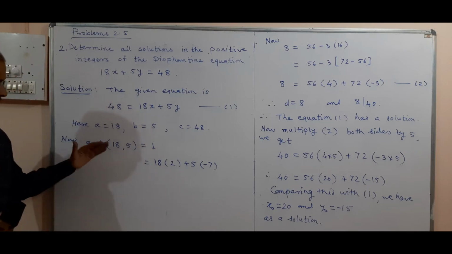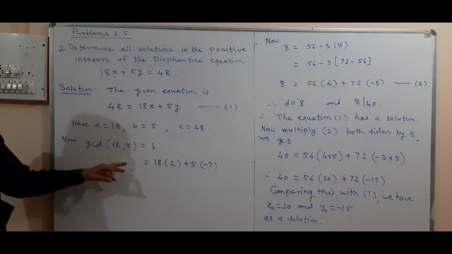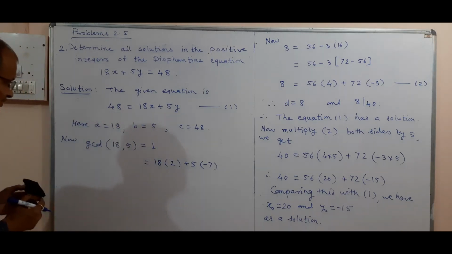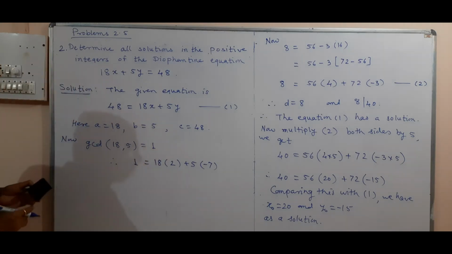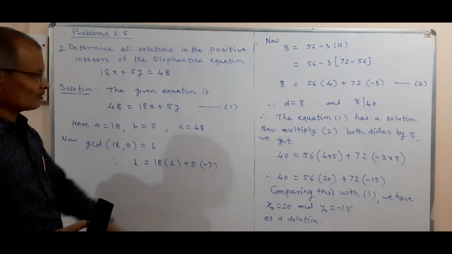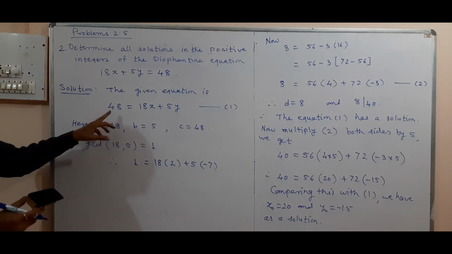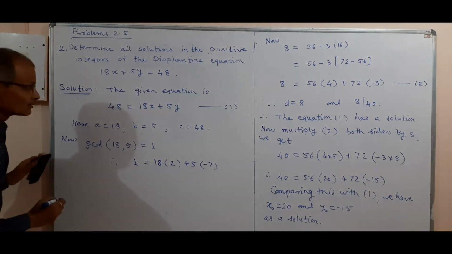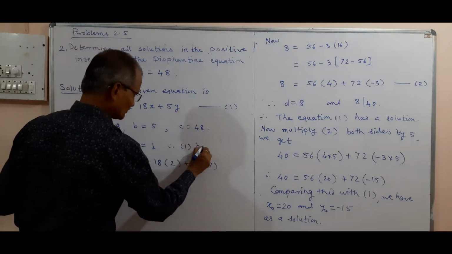If the numbers are smaller, by observation we can get it. Or otherwise you do the same procedure as in the first problem. Thus we have 1 is equal to 18 into 2 plus 5 into minus 7. So this is the equation we have. And obviously 1 divides 48, therefore equation 1 has a solution.